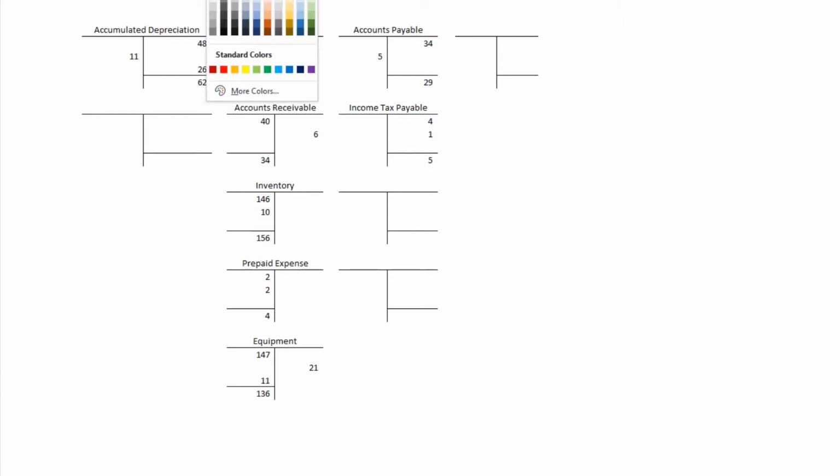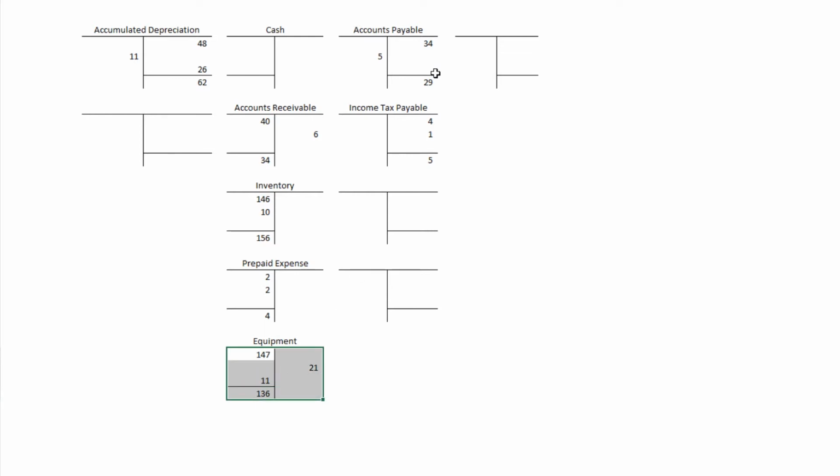Now that's going to be 11. Alright, so you'll do the math and you'll be like, wait a minute, that doesn't equal 136. It actually does. It's just rounding related. So if you did the math, it would all equal out, and it's all okay. So it just looks weird, but know that it's just rounding errors.